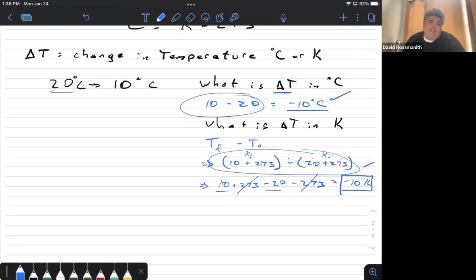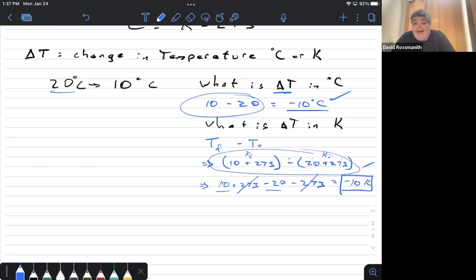So this is nice. This means I don't always have to convert to Kelvin if I'm smart about things. I can convert every time and be fine. So if I'm afraid that I may use Celsius when I'm not supposed to, I may not know when I'm allowed to or not, then always convert to Kelvin, and that's perfectly fine.